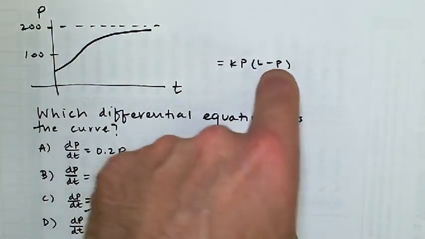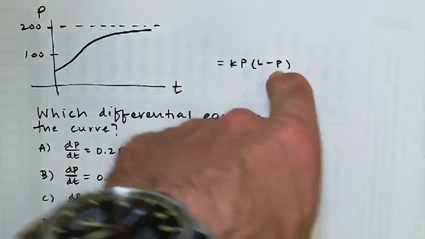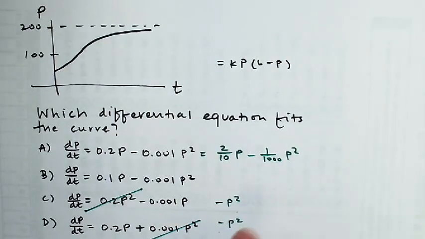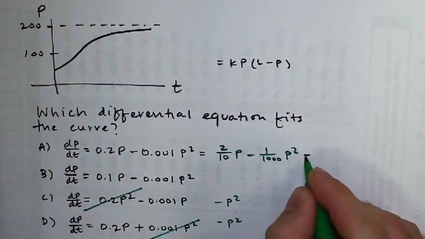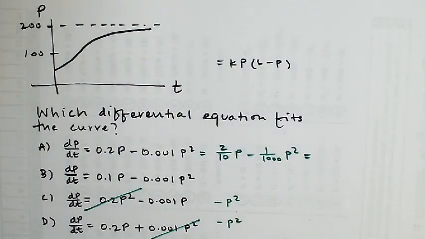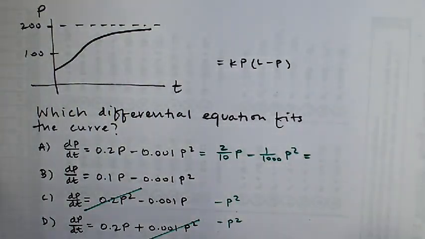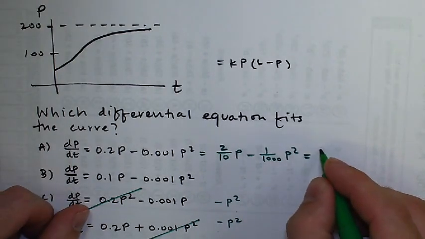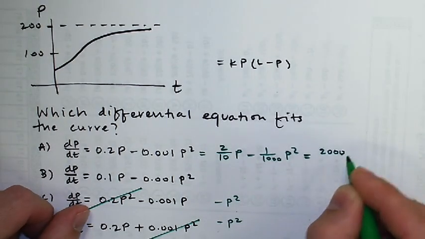So I need to get this second p just a p. So I want to factor out the 1/1000 from it. And again, if I'm factoring out 1/1000, it's like I'm dividing by 1/1000. If I divide by 1/1000, I am in fact multiplying by 1000. So I'm going to multiply everything by 1000.